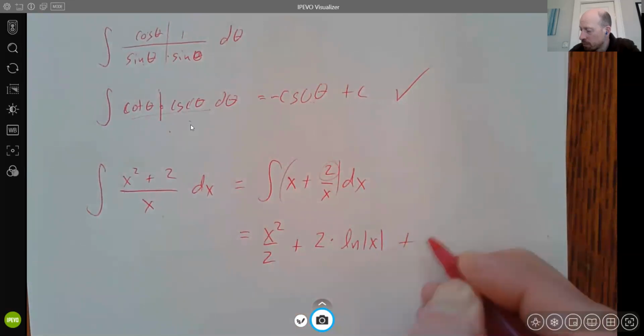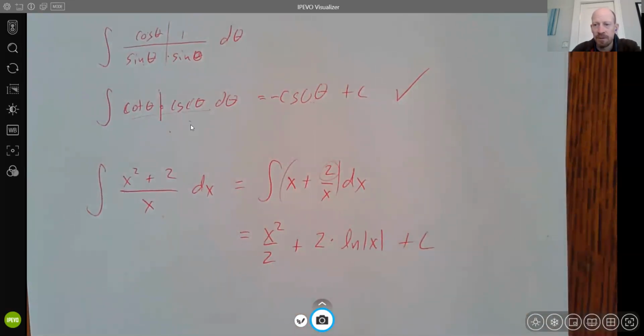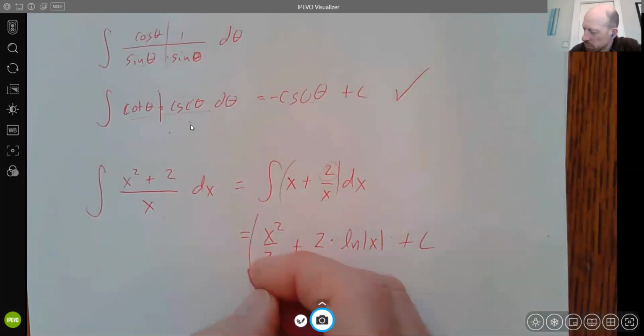And then always remember your plus C. You might be saying, well, I sort of took two antiderivatives here. Do I get a C for both of those? If you wanted to, you could call it C1 and C2, but it's easiest to just combine those together and give yourself one C to work with. C can be any constant you want, so no need to keep separate constants.